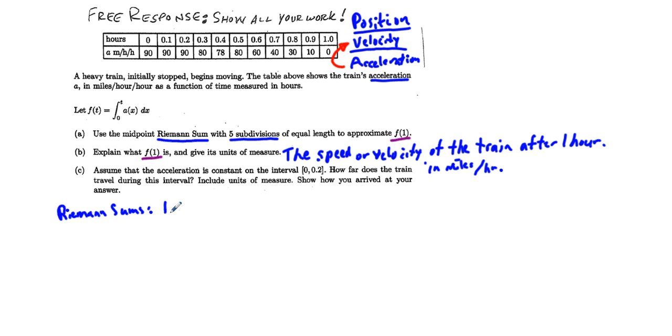We have a left Riemann sum, a right Riemann sum, and we have what we're being asked to find here, or used here, as a midpoint. And then we have the trapezoidal sum.